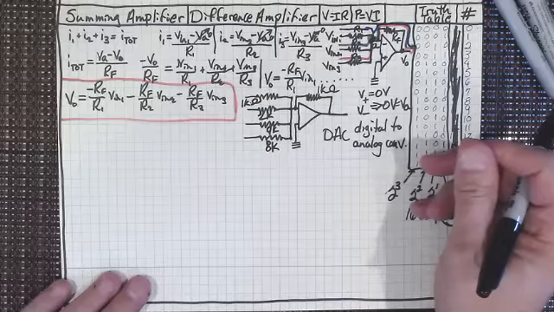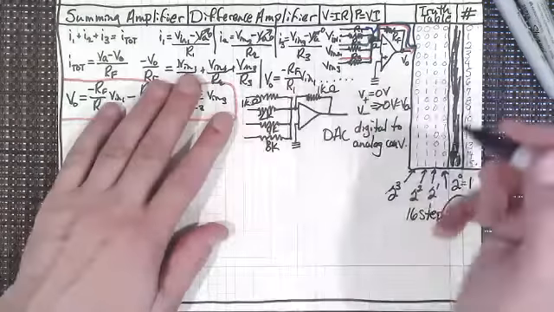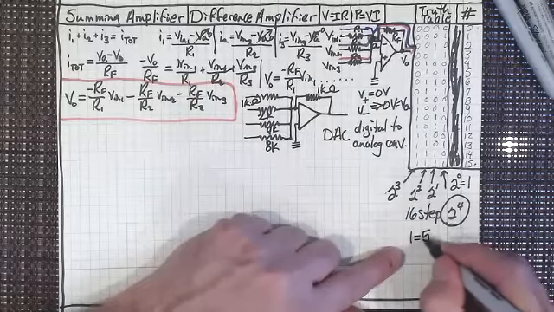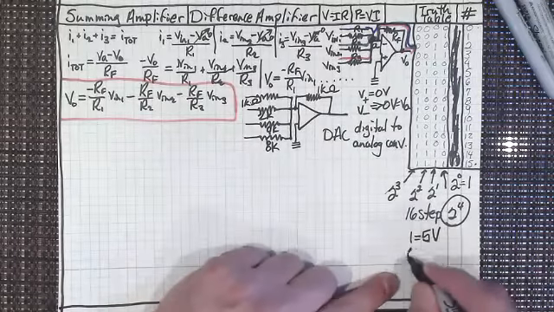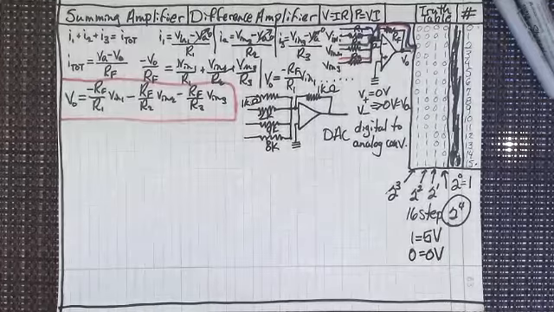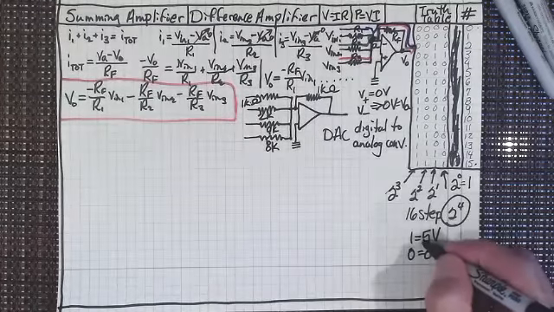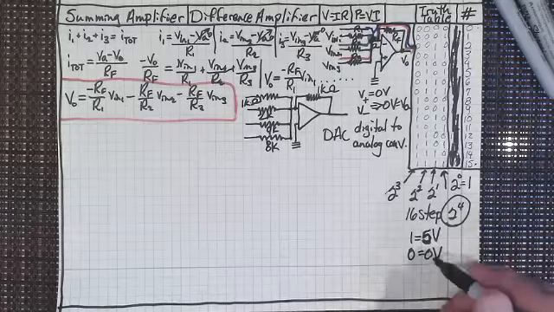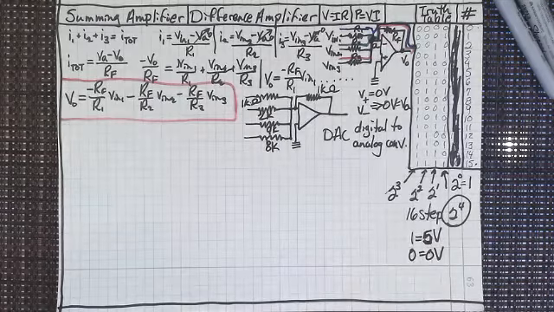Now, let's say that a 1 equals 5 volts, and a 0 equals 0 volts. I don't make 5s too well, do I? Or 2s. Anyway, it's 5 volts, and that's 0 volts.